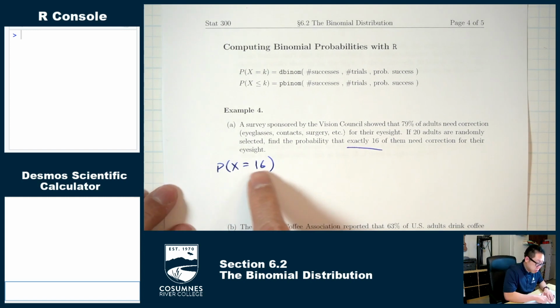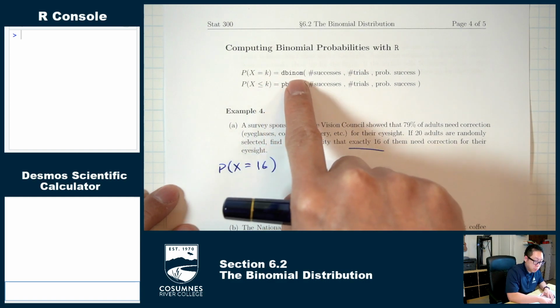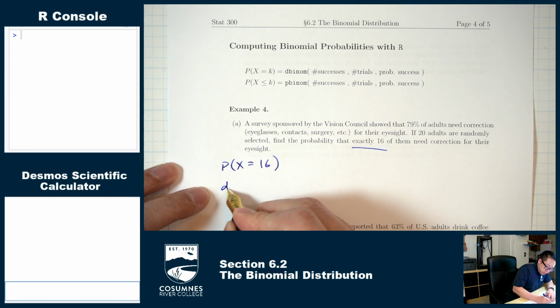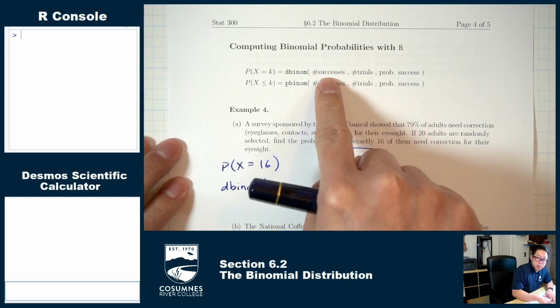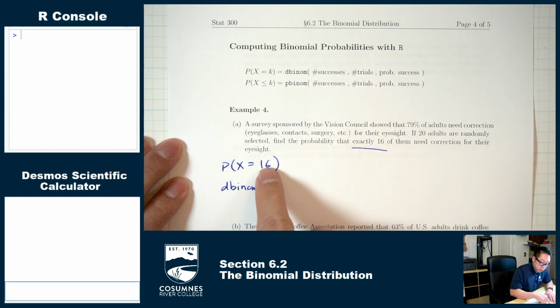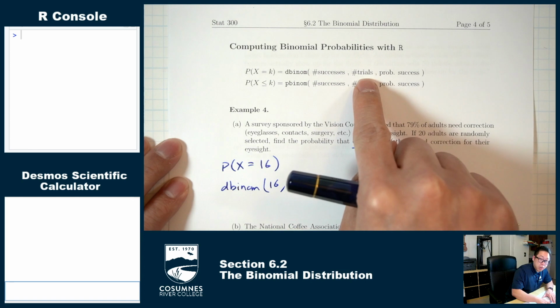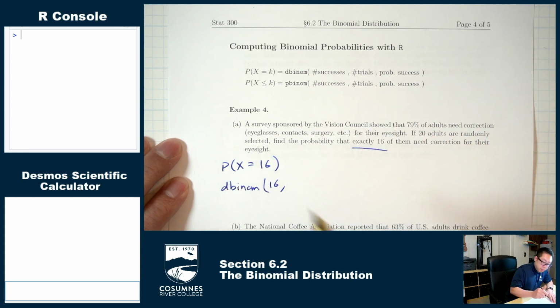And I noticed that equal to 16 is something that R is going to do for me directly. So equal to K, I should be doing dbinom. Number of successes that I want, so it's 16, comma, number of trials, that's the total number of people that you selected, it's 20.